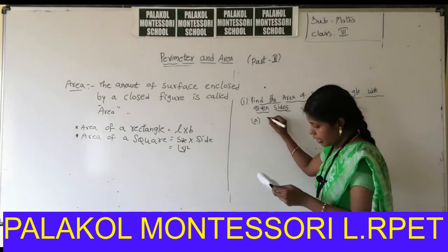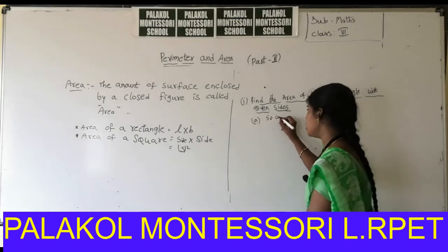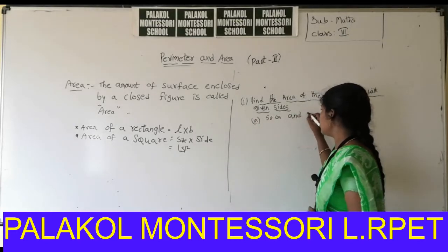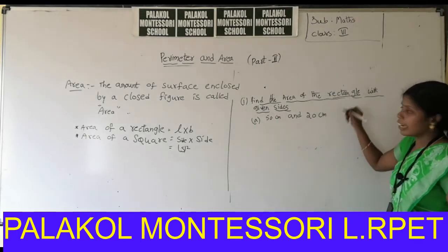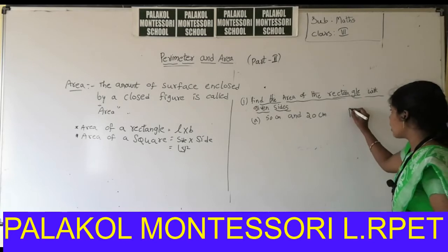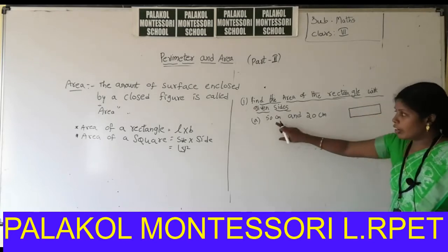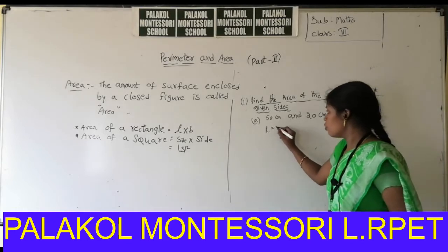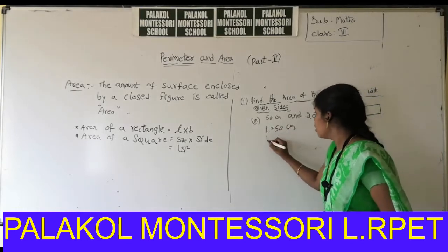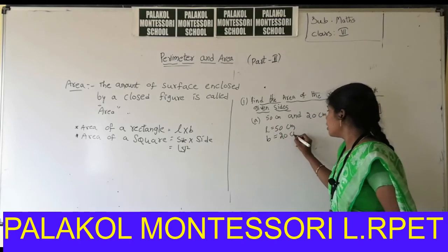So what are the sides? 50 centimeters and 20 centimeters. In this question we discussed the rectangle shape. One is length and another one is breadth. So length is equal to 50 centimeters and breadth is equal to 20 centimeters.